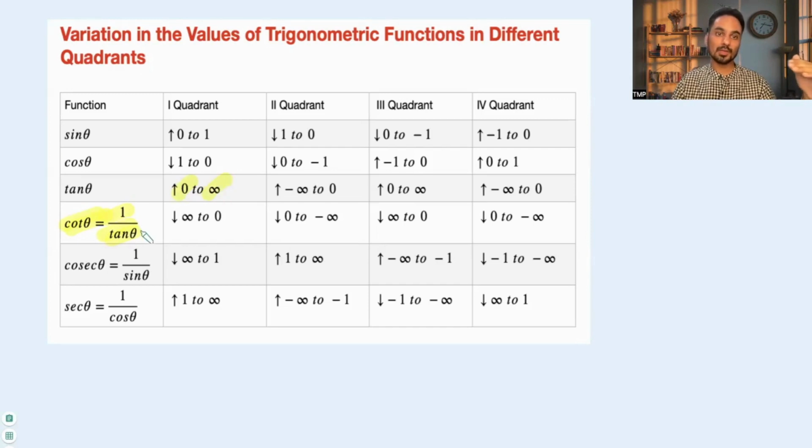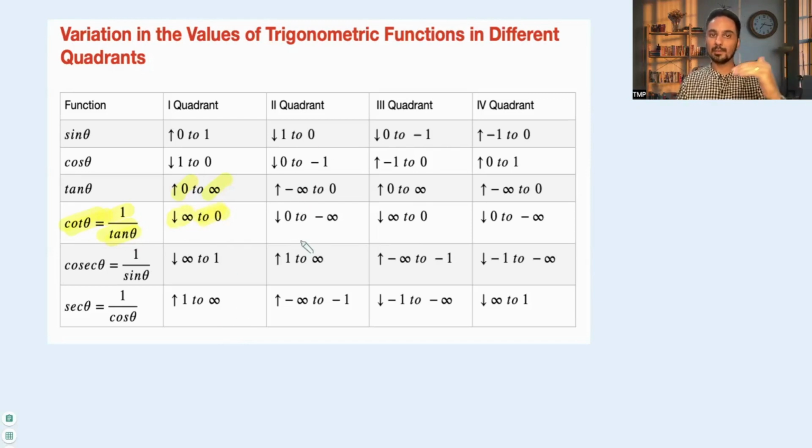So cot will be something 1 over 0 to 1 over infinity. 1 over 0 is a very large number, or we can call it infinity. And 1 over infinity is a very small number, or we can say nearly 0. So that is why cot value will change from infinity to 0. So it will decrease from infinity to 0.